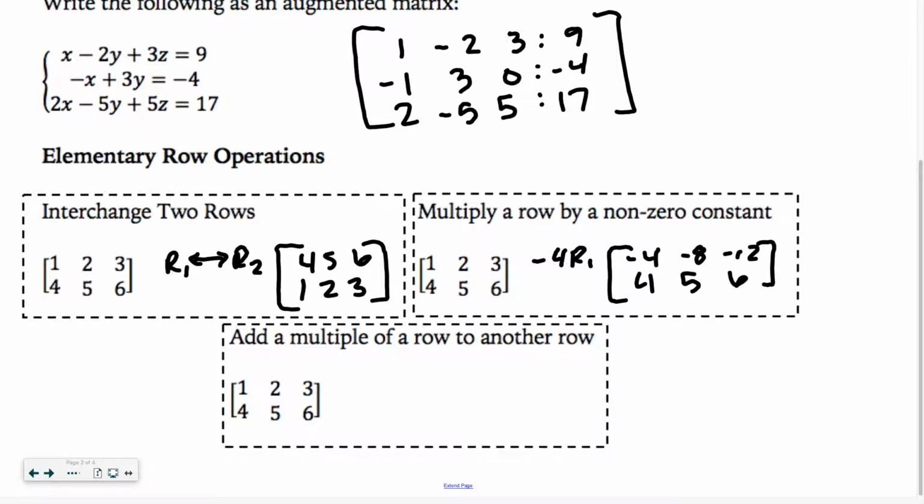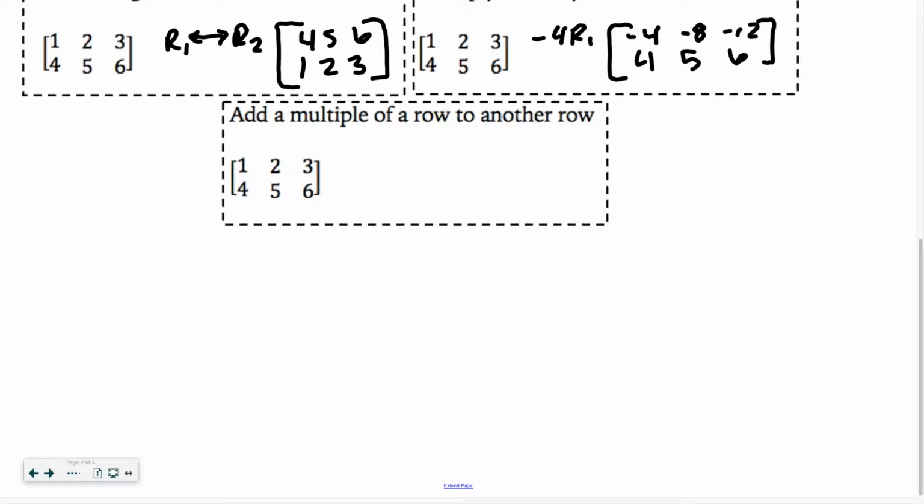So on this last one, I am going to change row 2. So in my matrix, I'm going to put this down where row 2 is. What I'm going to choose to do is take row 2, and add -4 times row 1 to it, which is the one that we just did, -4 row 1, but I'm going to do it from here. So I'm going to write that as -4 times row 1.